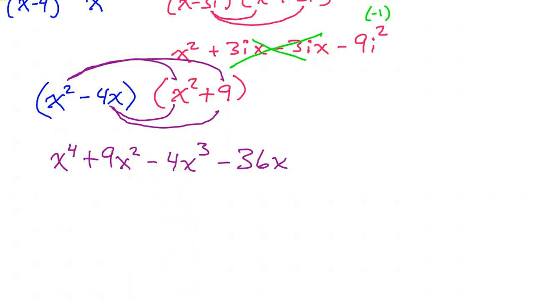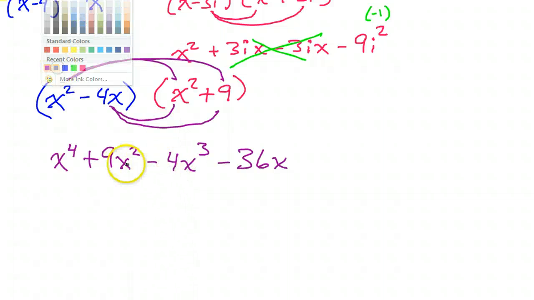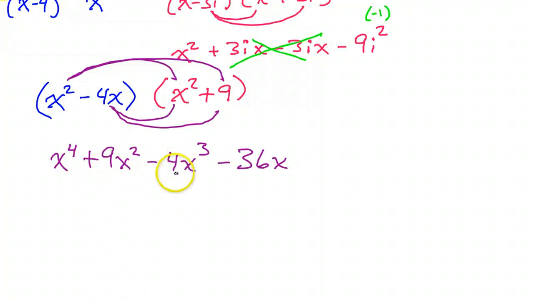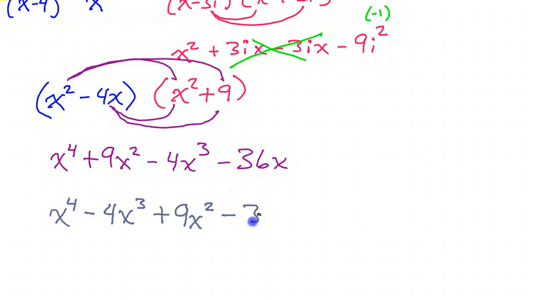So let's just switch it around. I'm just going to reverse these two. So then I'm going to have x to the 4th power minus 4x to the 3rd power plus 9x squared minus 36x. I just reversed these two terms because in standard form it really needs to be decreasing exponent order. So 4, 3, 2, 1.